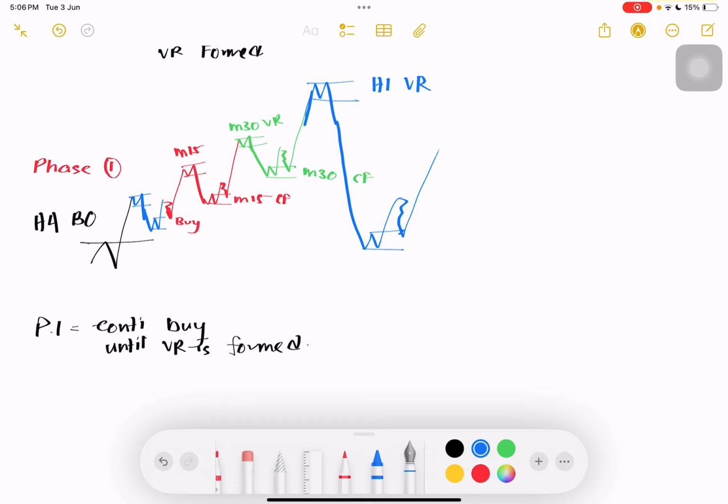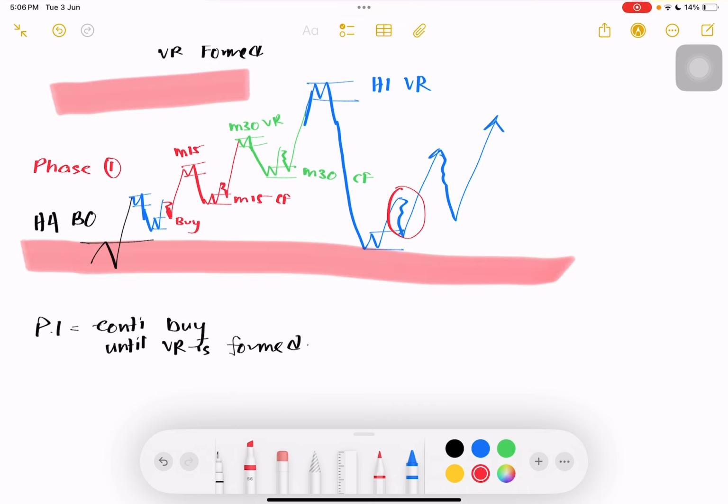Pull back, buy. Or I can repeat the SOP here, better repeat SOP. Pull back, buy. So when H1 VR is formed, I know H4 BO, H1 VR. This is my range. See, market cycle.